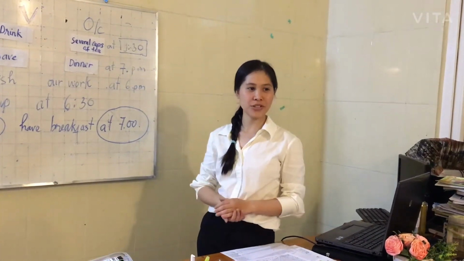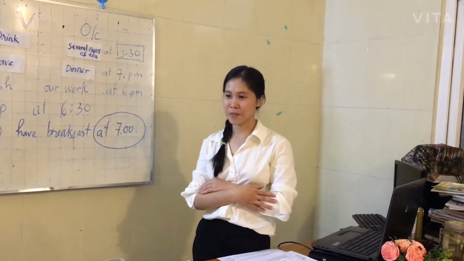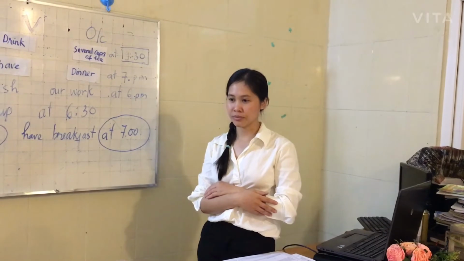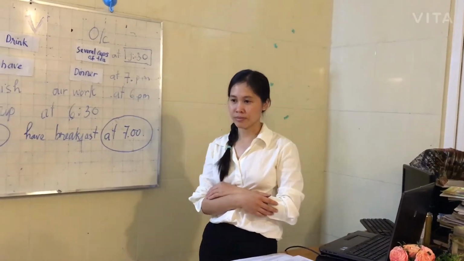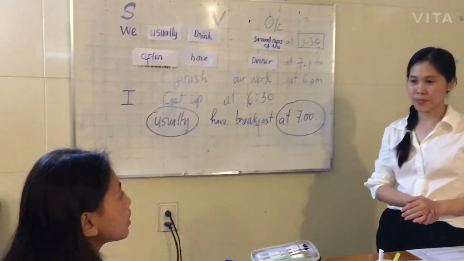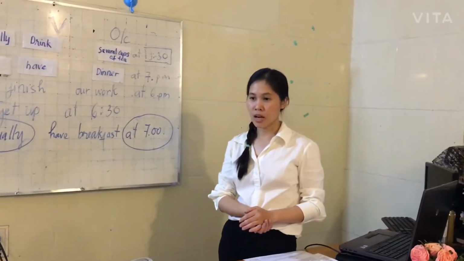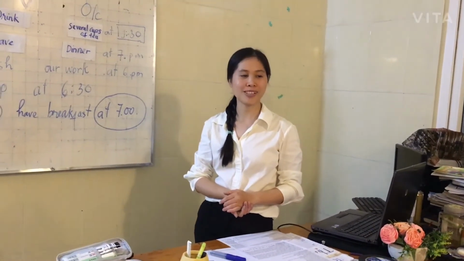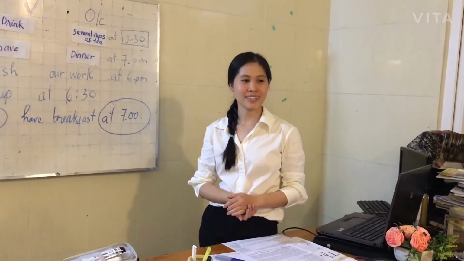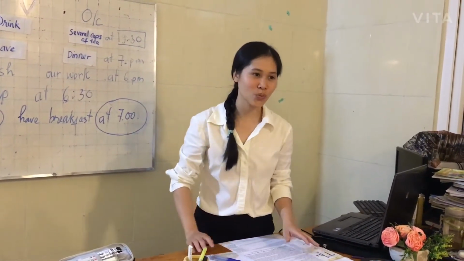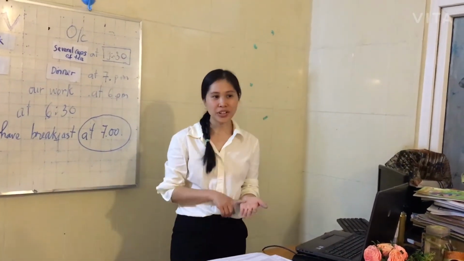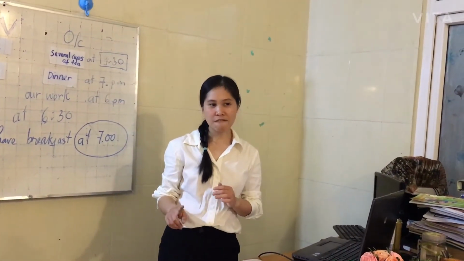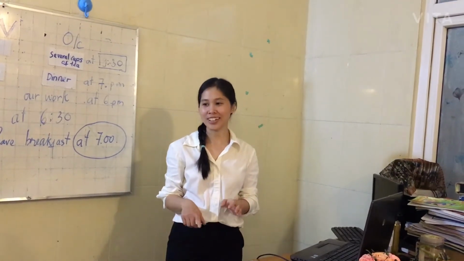I usually have breakfast at a quarter to 7. What time do you usually have breakfast? I usually have breakfast at 7:35, and you get up at 7 o'clock.